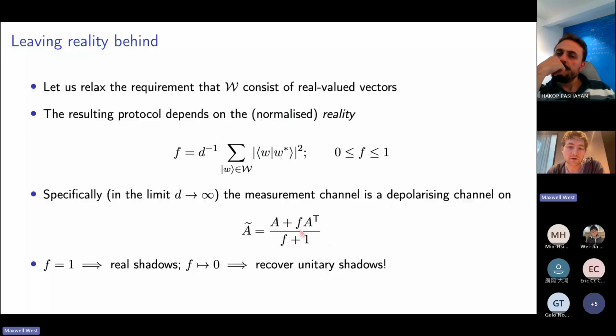But if f equals 0, then you don't see the transpose anymore, and this just becomes a depolarizing channel on A. And so, despite the fact that we're now doing everything with orthogonal Cliffords or just orthogonal gates, we actually recover the full unitary shadows, which I think is surprising.